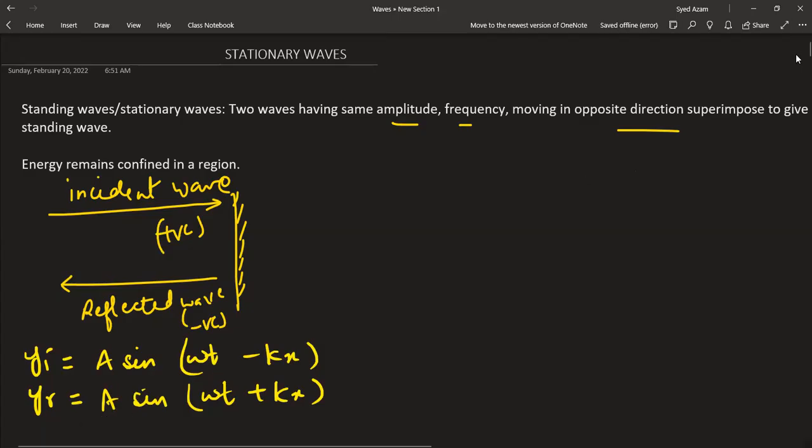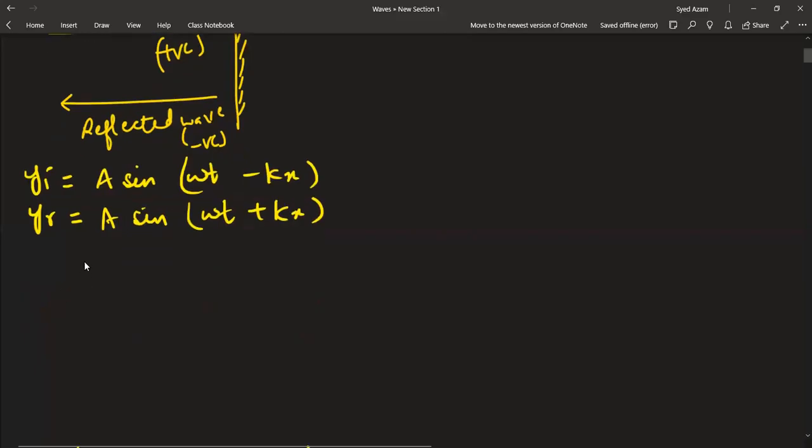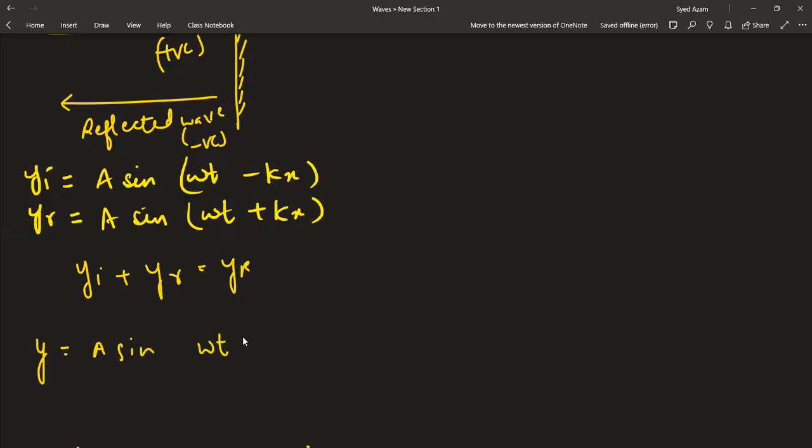In the superposition principle, which we have studied multiple times now, you add incident plus reflected, which will give you the resultant. So y is equal to a sine (omega t minus kx) plus a sine (omega t plus kx).